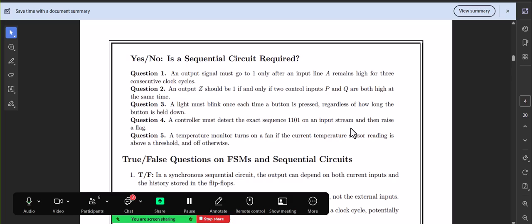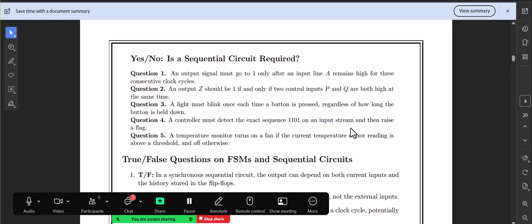Let me check. I have my answers somewhere. Yes, it was no. I guess because it needs to know, because it's only blinking once. Right, because you're saying regardless of how long the button is held. Yeah, that makes sense. It just needs to blink.